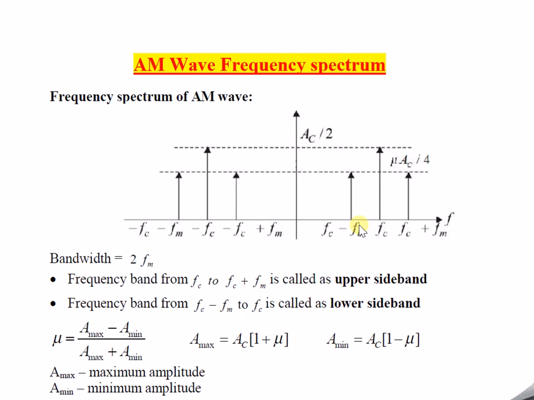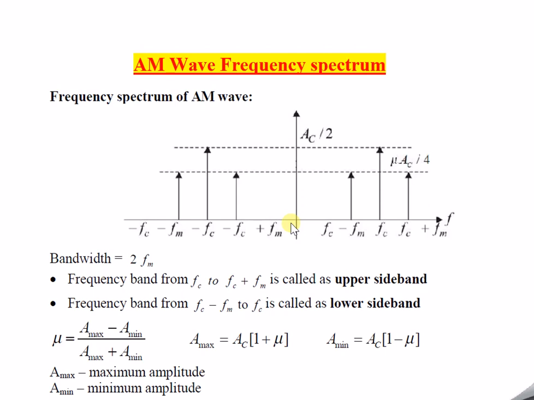AM wave is the final wave after modulation of the message signal. So in that AM wave, what all range of frequencies can be present can be represented in terms of this diagram, which I am highlighting now. So that is nothing but the AM wave frequency spectrum.